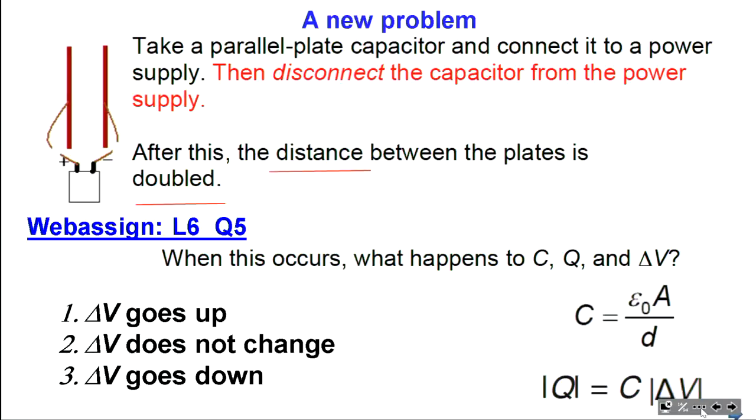But of course the first search is for a variable which doesn't change for sure, which should remain the same, constant. And in this situation, when the capacitor is not connected to battery, basically to anything else, what should remain constant?